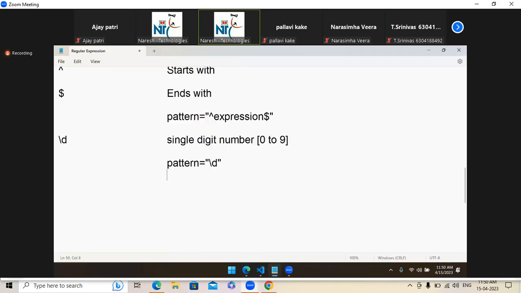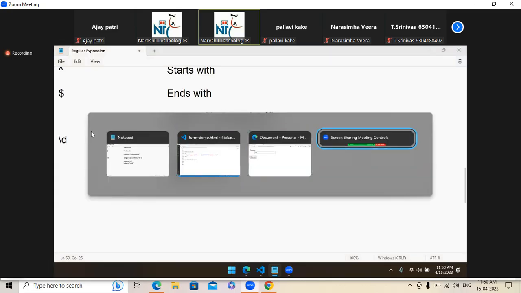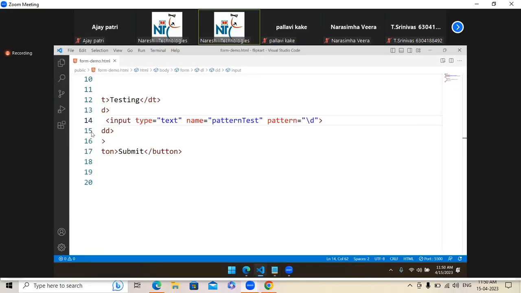Suppose I write the pattern as /d/d. This indicates two digits. If I type one digit, not allowed, because patterns are exact match.